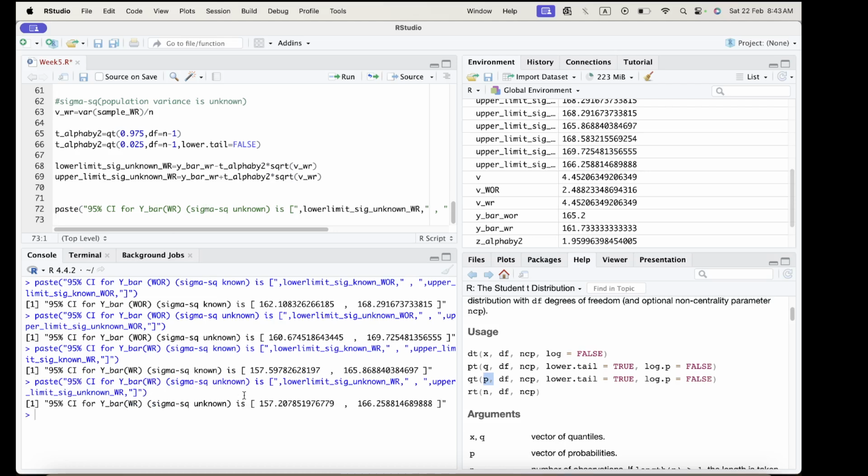So in both the cases you will see that whenever sigma square is unknown, the confidence interval is becoming a little broader.